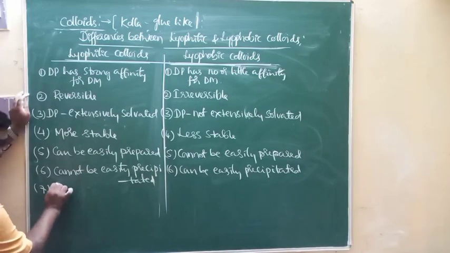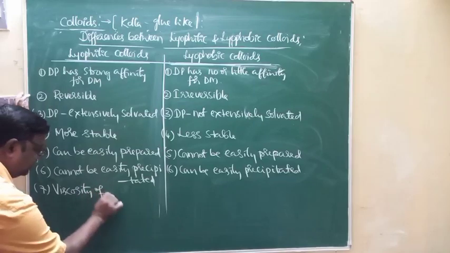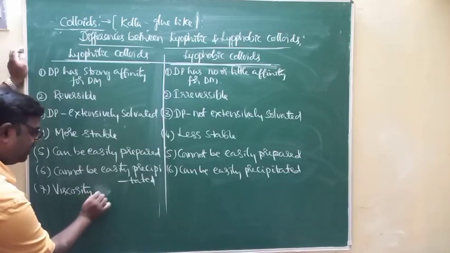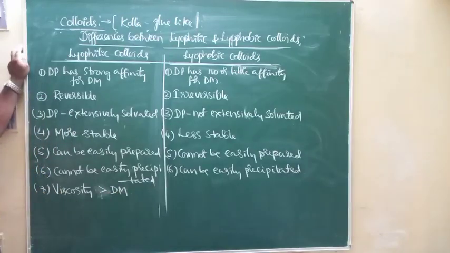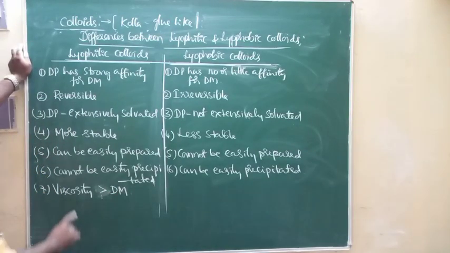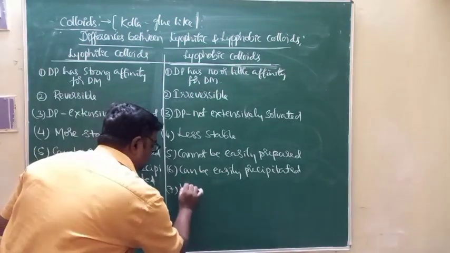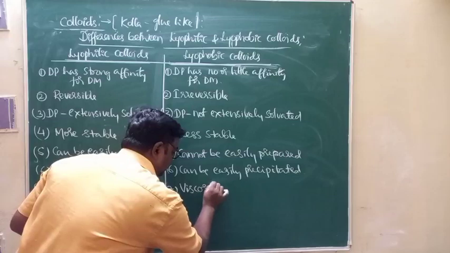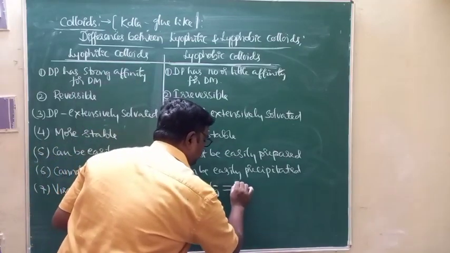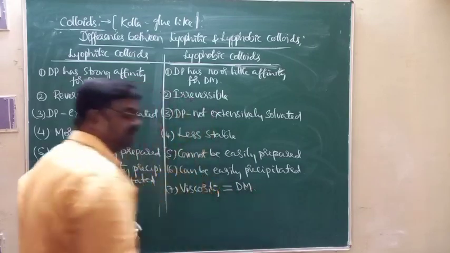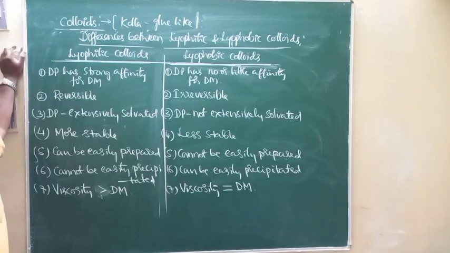Seventh difference is the viscosity of lyophilic colloids will be greater than the viscosity of dispersion medium. Here, the viscosity of lyophobic colloids will be almost similar to the viscosity of dispersion medium, because in lyophilic colloids there is a strong interaction between dispersive phase and dispersion medium.